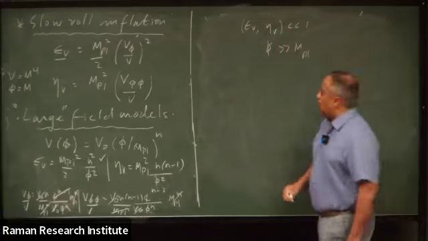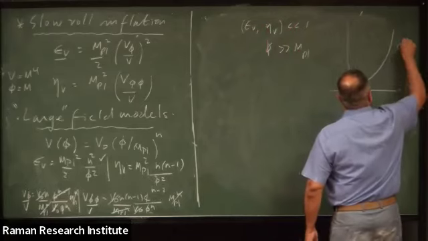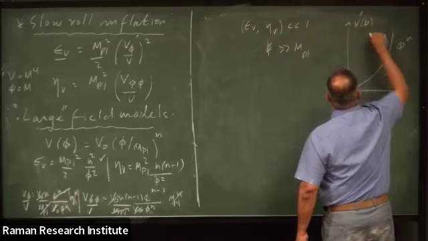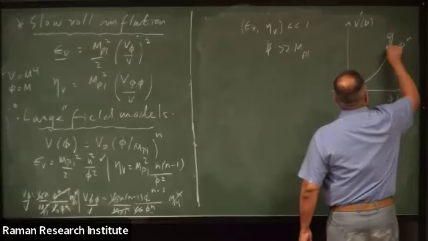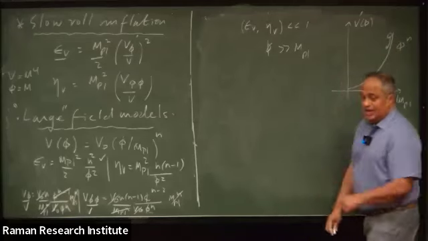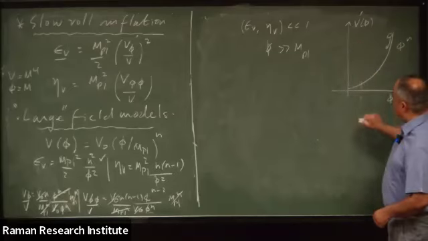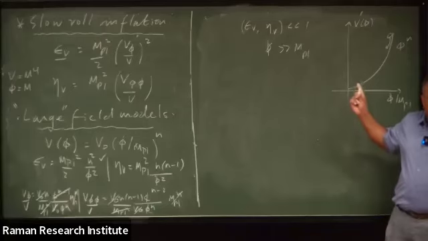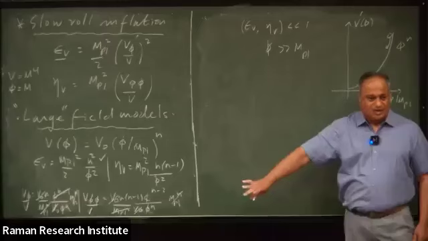So if you have a potential of this type, which is phi power n, V of phi by MPL, the field is rolling down. Epsilon v and eta v are small when phi is much, much greater than MPL. Is that clear? It is where inflation occurs. The field rolls down the potential.